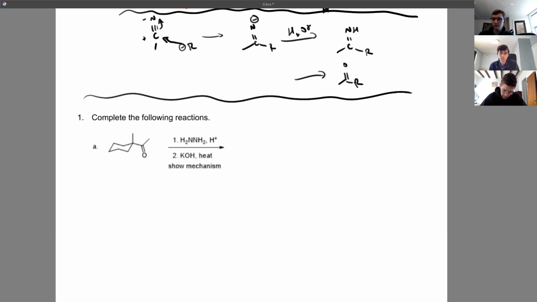He showed us the mechanism of how it forms an amine, but because this is a Wolff-Kishner, right? Or is it the N2H4? It's the N2H4. If that's the Wolff-Kishner, then it is indeed what it is. Oh, okay. So the N2H4 is the Wolff-Kishner.